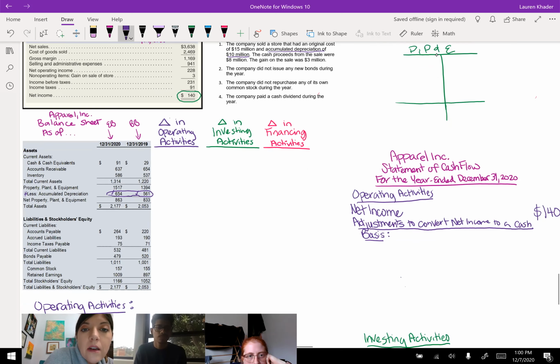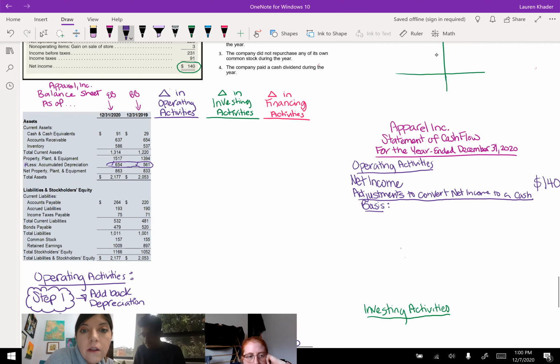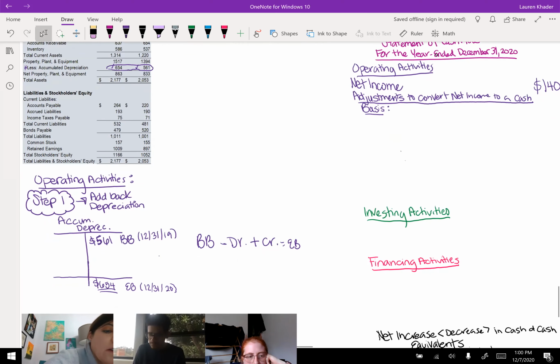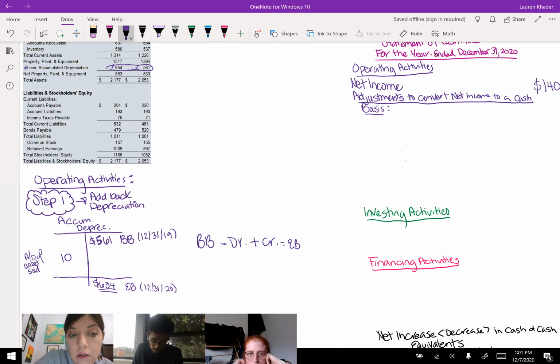So 10 million in accumulated depreciation needs to be removed from the account.